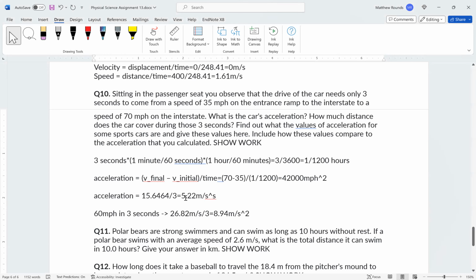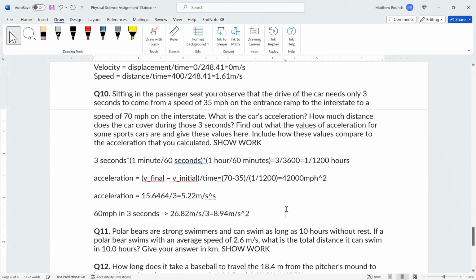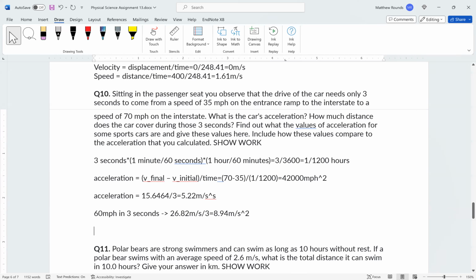And that's much higher than this. And what I would do is get a link for something like that so we can put it in here. And then we want to write a sentence that says how do these compare? And basically you're going to say that the sports cars are faster than this.